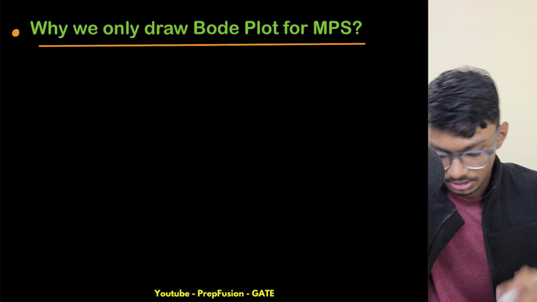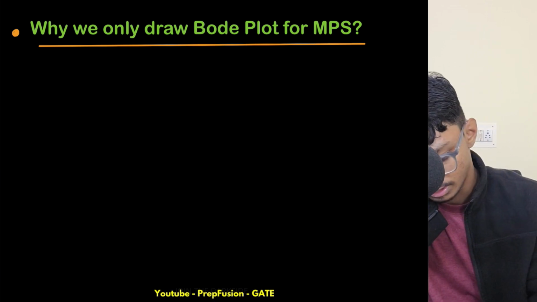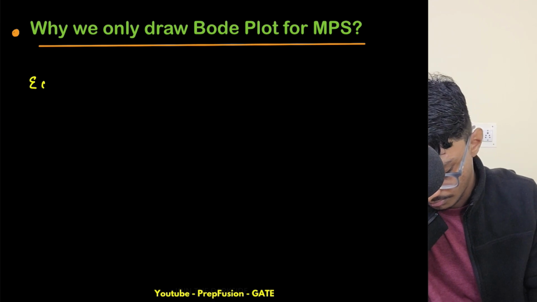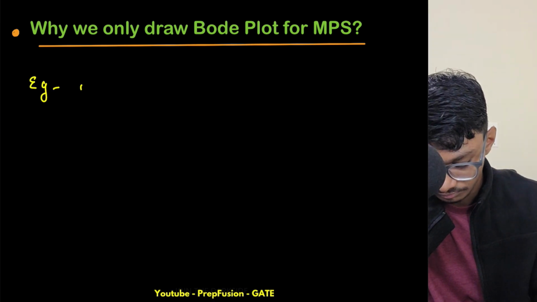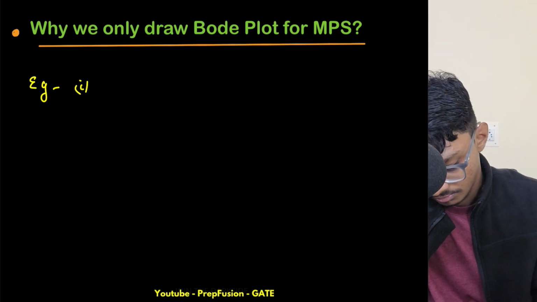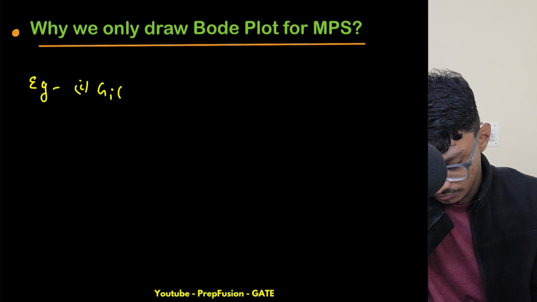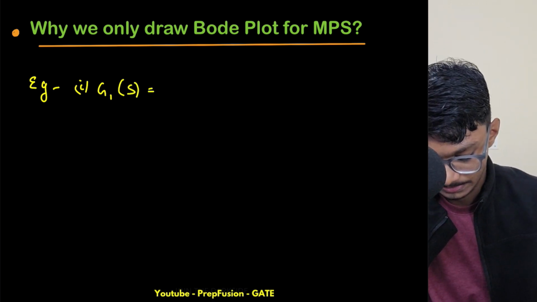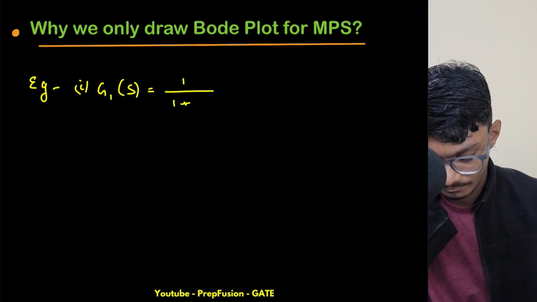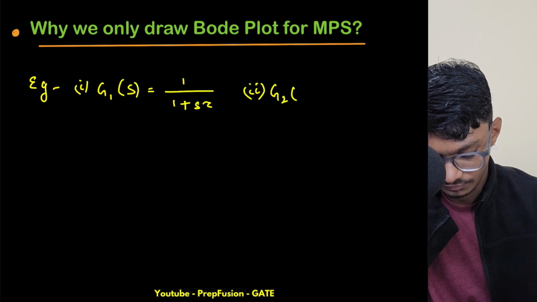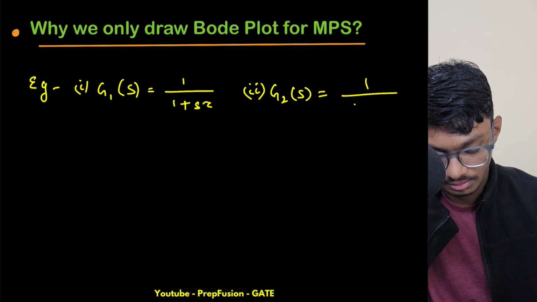Let's understand that. So let's take an example. Again, I have two transfer functions. One is g1 of s equals 1 plus s tau, and g2 of s equals 1 minus s tau.